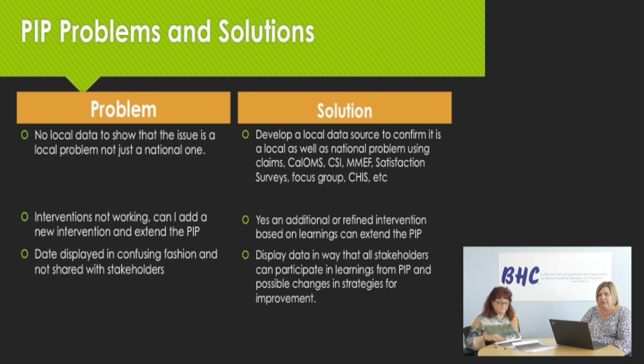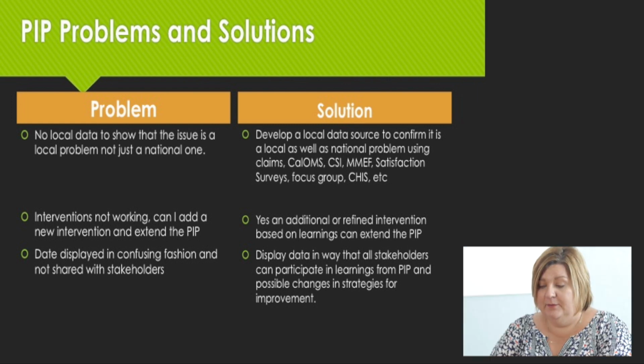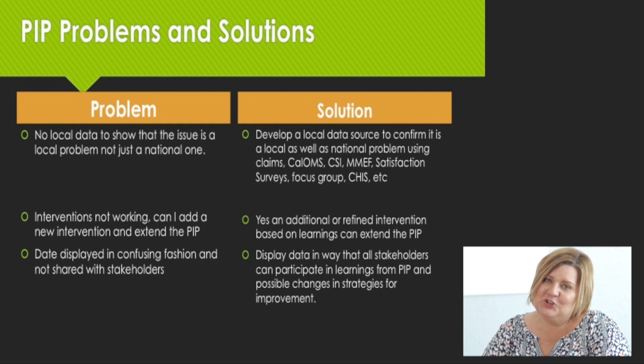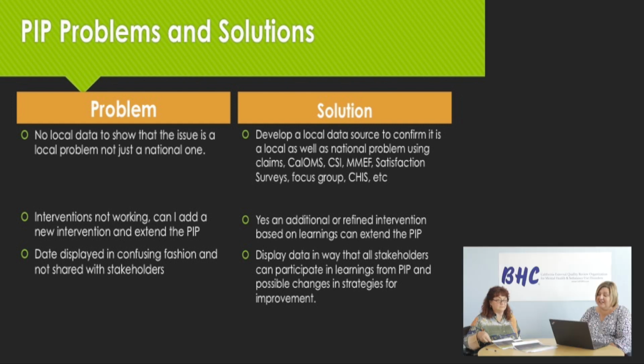So the next problem that we've identified is that the interventions are not working. Can I, as the MHP or DMC, add a new intervention and extend the PIP? And the simple answer to this particular problem is yes. An additional intervention or a refined intervention based on what you've learned can definitely lend itself to extend a PIP.